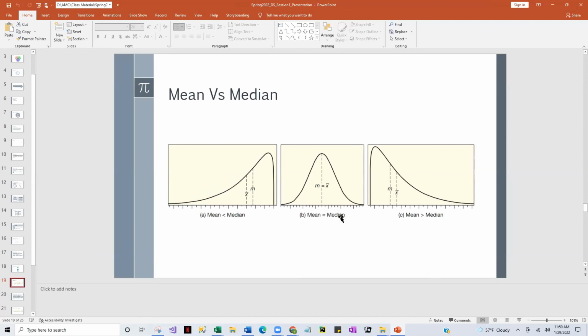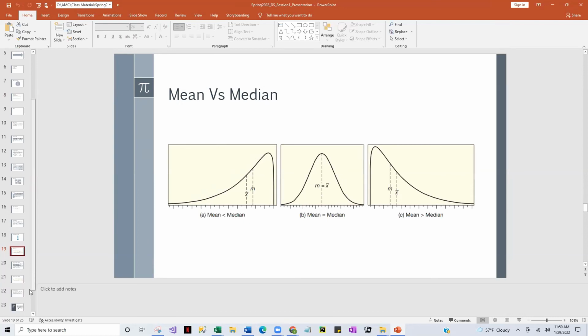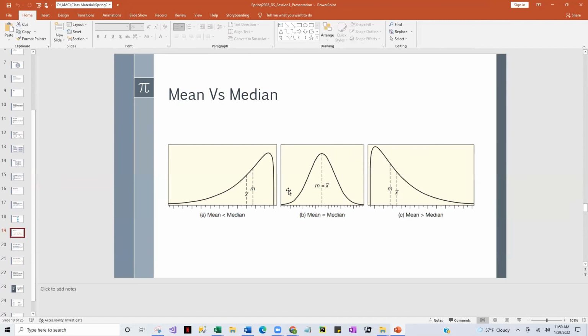When mean and median are equal, then you will see that the data is distributed equally. When mean is greater than the median, your data is going to show like this. So the mean and median and standard deviation, all these are key to analyze the data.